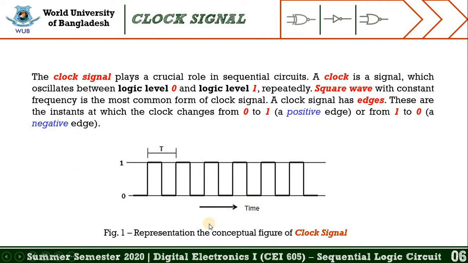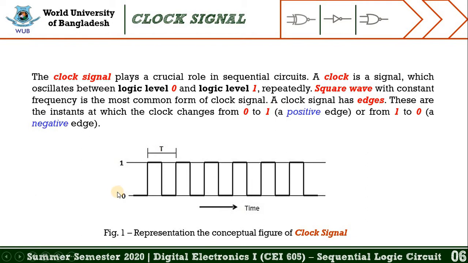Well, figure 1 represents the concept of a clock signal, and you will find from the figure that on the x-axis there is an element designated by time, and on the y-axis there are two numbers, one is 0 and another one is 1.